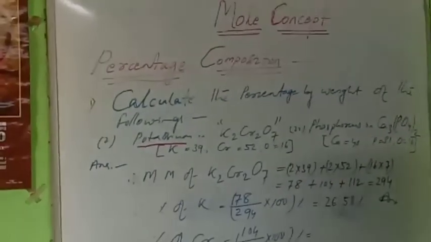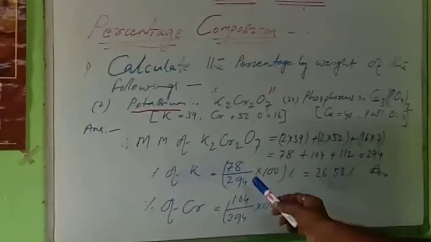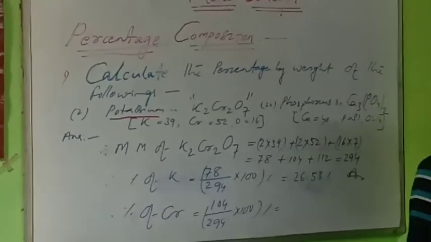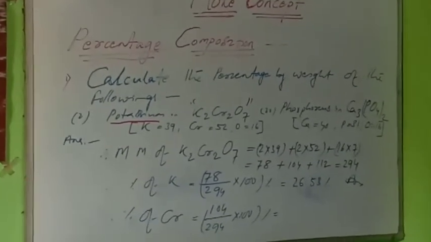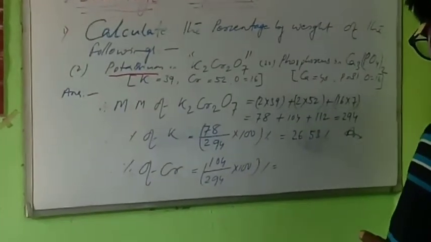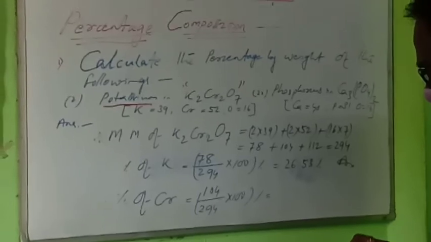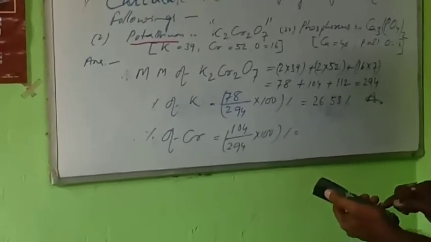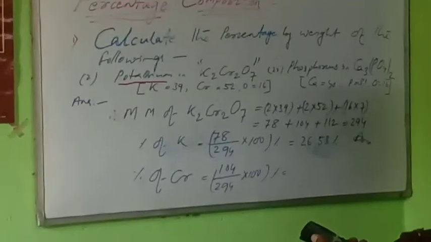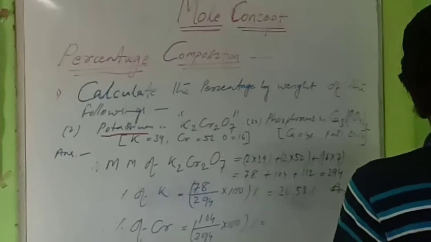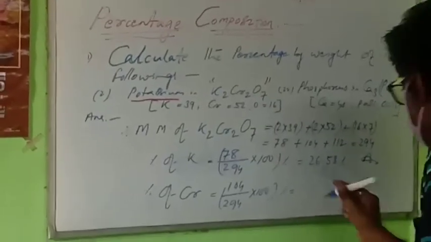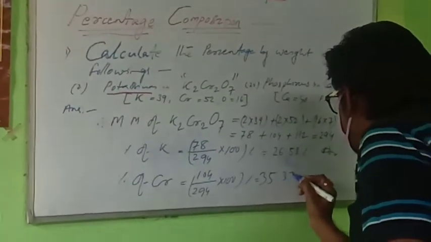Potassium percentage was 26.53%. For chromium, 104 into 100 divided by 294, you get 35.37%.